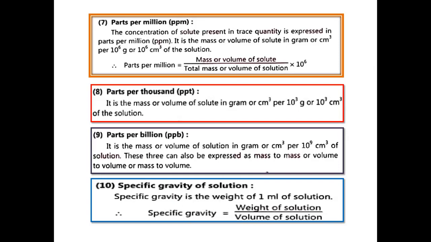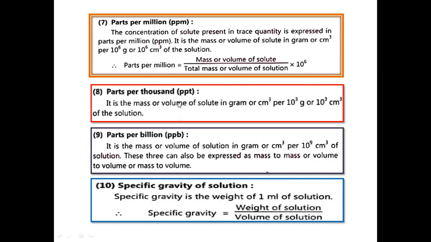It is the mass or volume of solute in grams or cm cube per 10 raised to 6 gram or 10 raised to 6 cm cube of the solution. Therefore, ppm is equal to the mass or volume of solute divided by the total mass or volume of solution, times 10 raised to 6. So in short, a 1 ppm solution can be prepared by dissolving 1 milligram of solute in 1 liter of solvent.